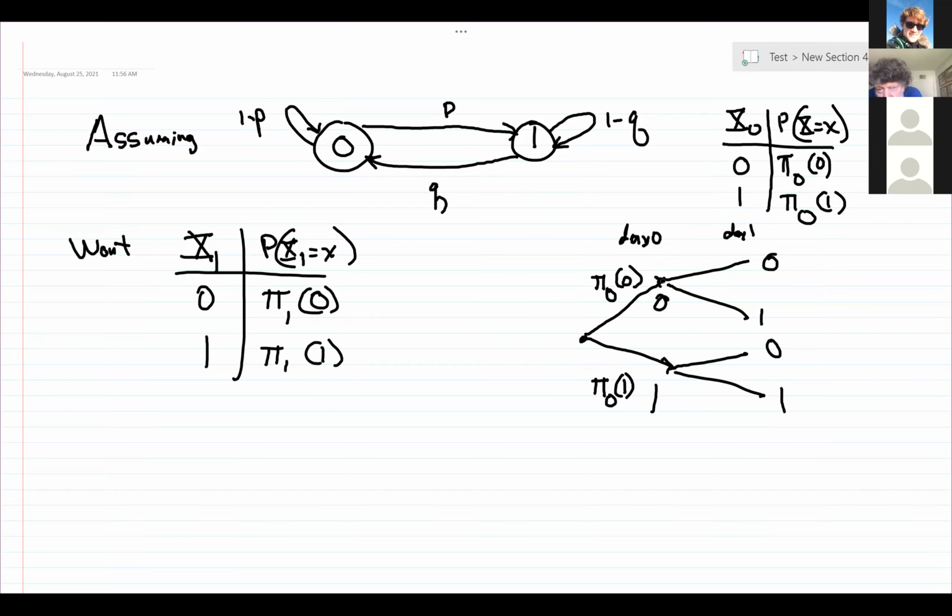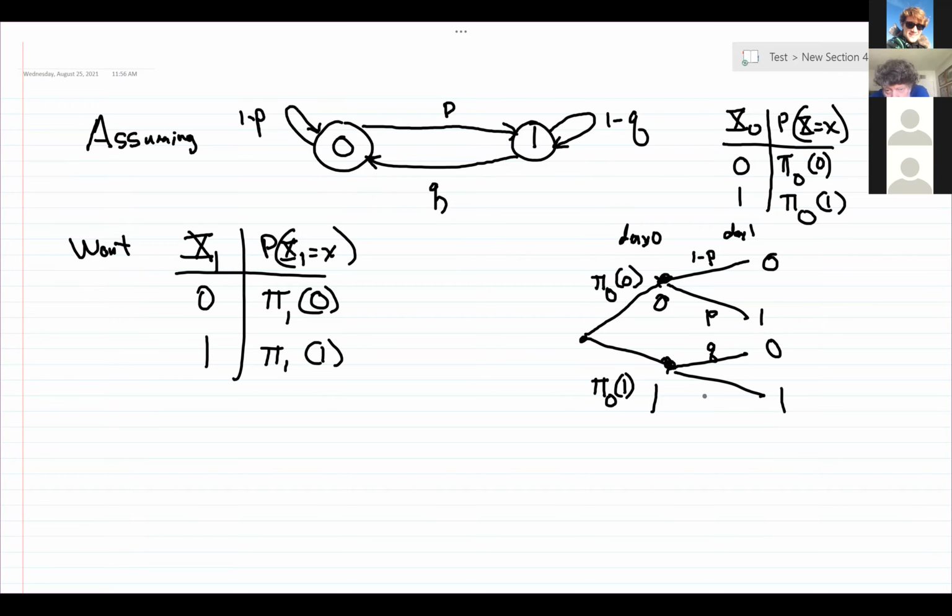Going from 0 to 0 in this scheme is 1 minus p. Why? Because that's that loop. Going from 0 to 1 is p. Going from 1 to 0 is q.